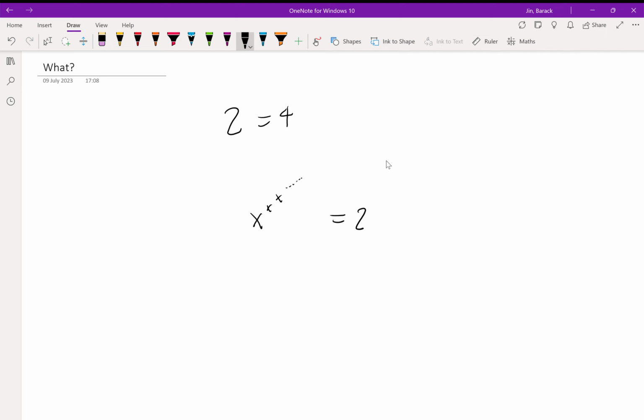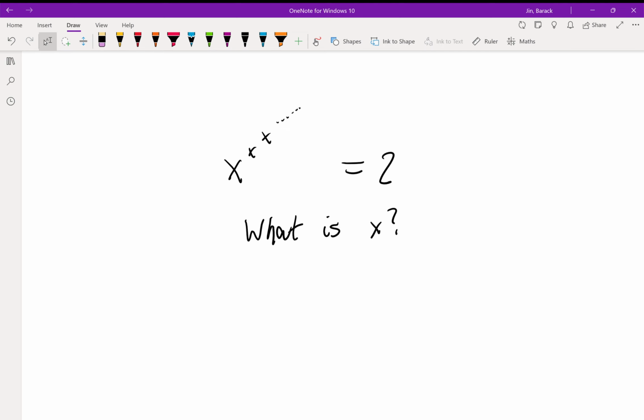And this equals 2. What is x? Well, first of all, if we just look at this, we realize that this is x to the power of x to the power of x, and so on.